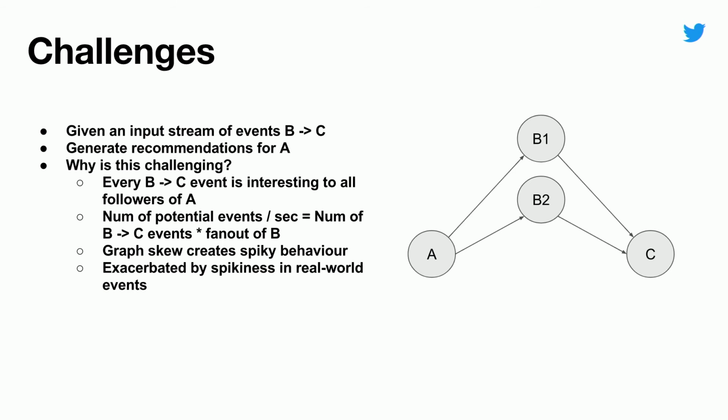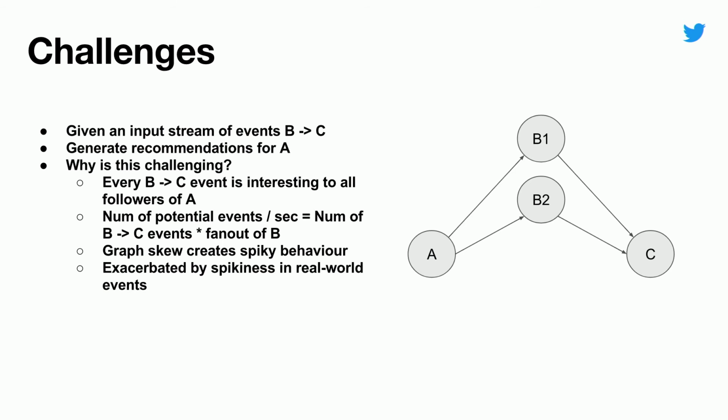We have a similar system internally, so we get an input stream of events, which in terms of notation is B engaged with C. So for example, user B tweeted C, or user B followed user C, and so on. What we want to do is generate recommendations for A.